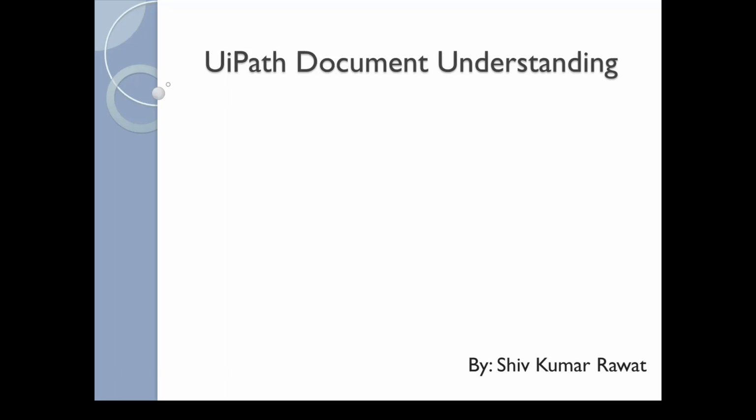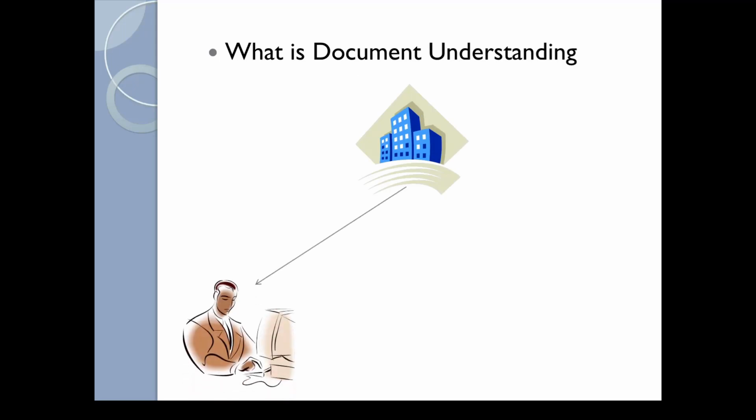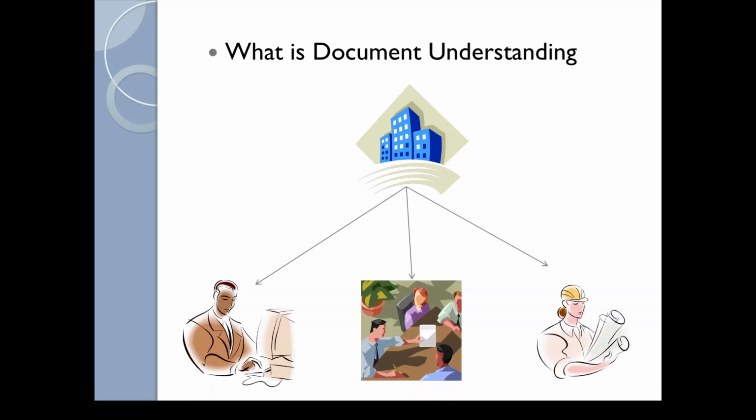Whenever you are working in an organization, there are different departments, like the IT department, HR department, and logistics department. There may be any kind of department in an organization. So what does that department actually do?